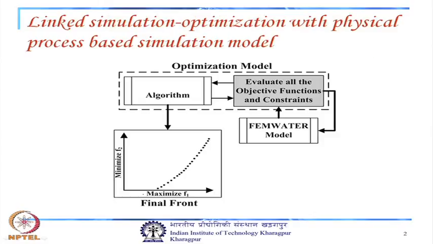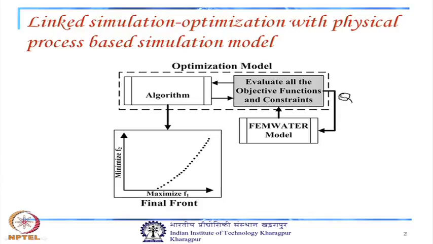So, this is our optimization model. During evaluation of the objective and constraints, we go to the density dependent flow and transport simulation model. During this objective function and constraint calculation, we need the information about concentration. So, what are we passing through this?